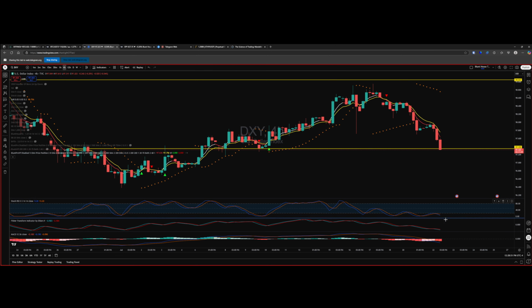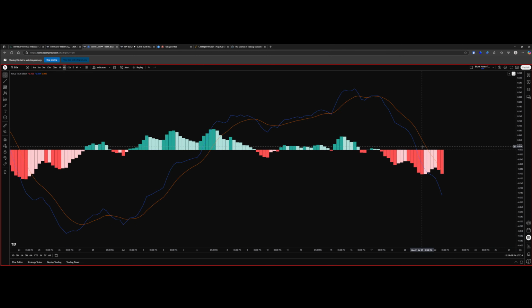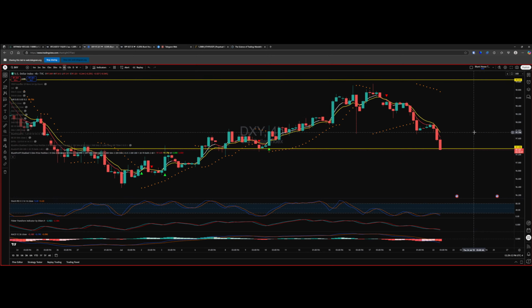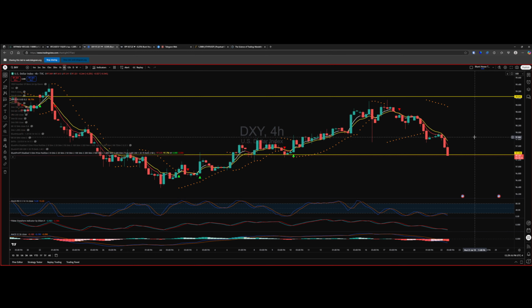Well, if we look at our stochastic RSI on the 4 hour, the Fisher transform, which gives us the nice consistent tells on the direction of price, and then of course our MACD, where the moving average and signal line has broken zero and is still diverged down. It's telling us, to the best of our ability on this 4 hour chart, that price still wants to move south, down.